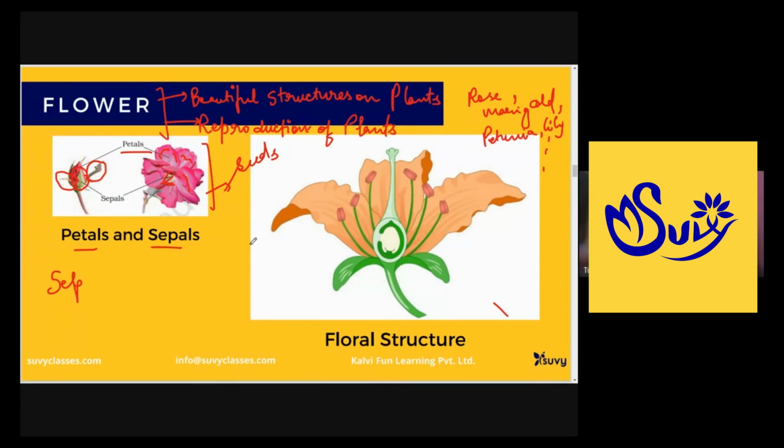Ansh, you might have seen beautiful roses around you. Yes, sir. So that is known as a flower. These are very beautiful flowers. Like this is a rose flower here. I'll just erase this part because this is getting confusing here.